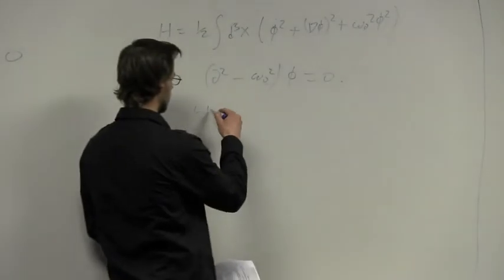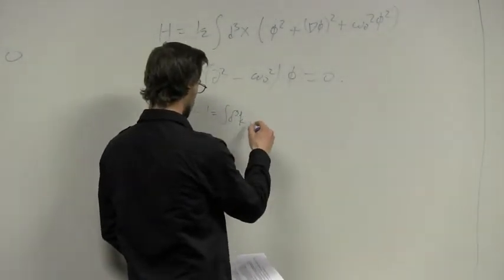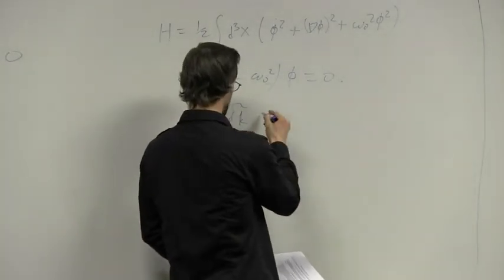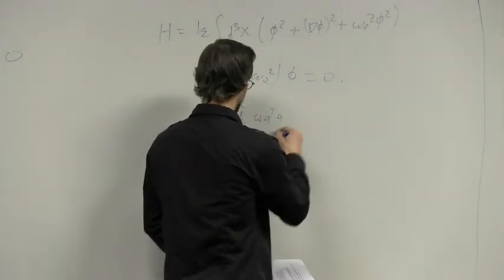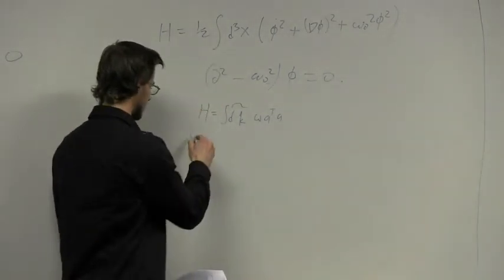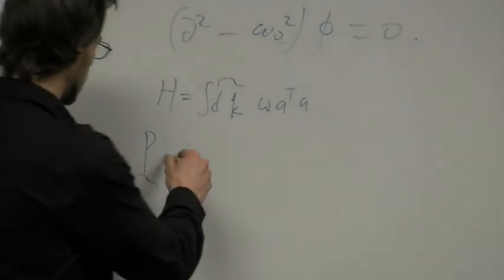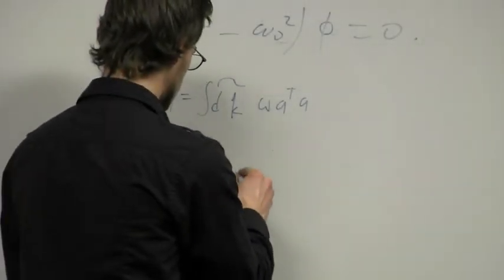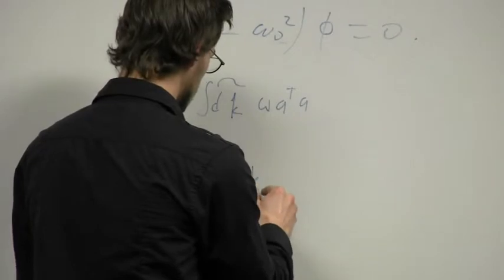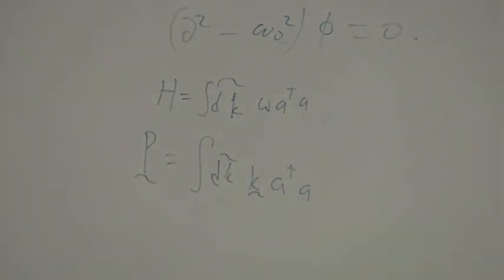So you have that, an ugly H. Isn't that home? But you can also derive a momentum operator. And this, surely enough, is this, where K would be the momentum.